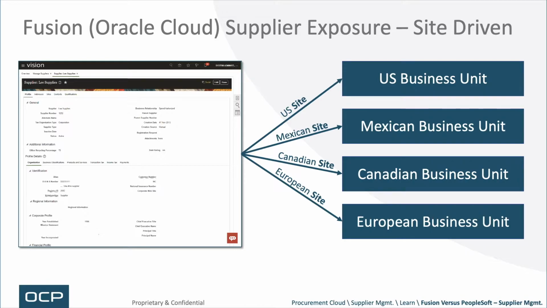I can expose it to the US, the Mexican, the Canadian, and the European site collectively, or I can segregate them like you see here. So just a little bit more flexibility being site-driven as opposed to set ID-driven like PeopleSoft is.